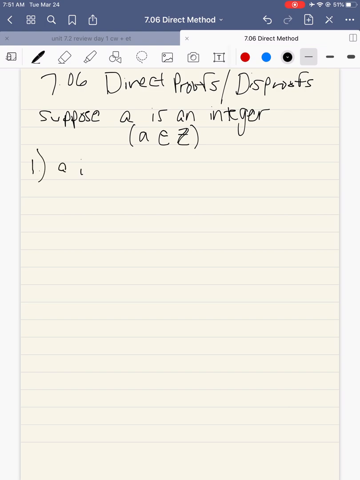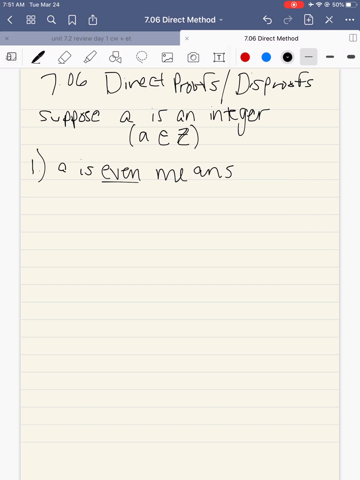So for our first definition here, A is even means, so we're talking about the definition of even and odd. If we were in class, I would rather have you all define this, and then I would define it, but we're working with what we got.